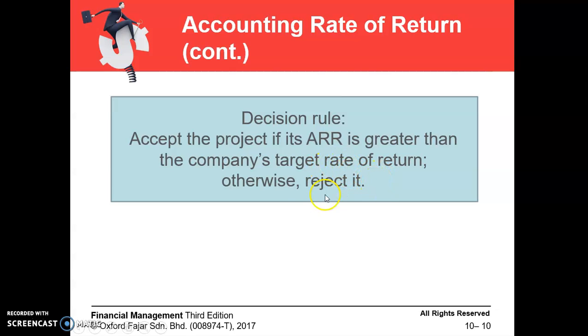Kalau target rate of return more than berapa tadi? 12 berapa persen tadi? If the target rate of return is more, you have to make sure that you do not accept a project which is less than the target rate of return.